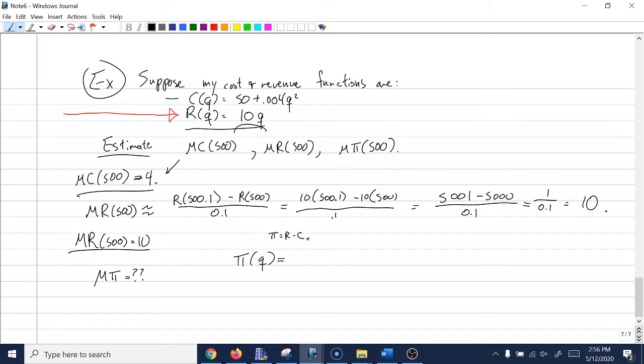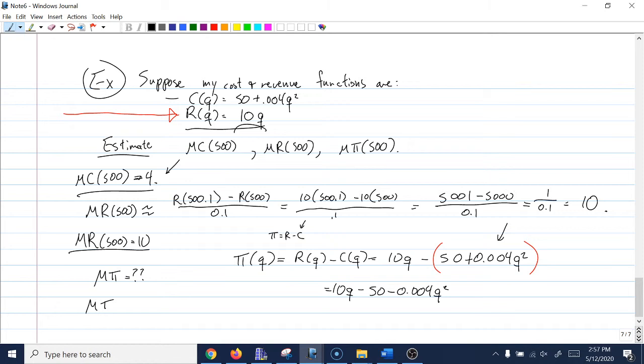Profit is revenue minus cost, so our profit function will be our revenue function minus our cost function: 10Q minus our cost function, which is 50 plus 0.004 Q squared. You need parentheses because you're subtracting the whole thing. It's minus all of cost. This is all part of the cost. So that's 10Q minus 50 minus 0.004 Q squared.